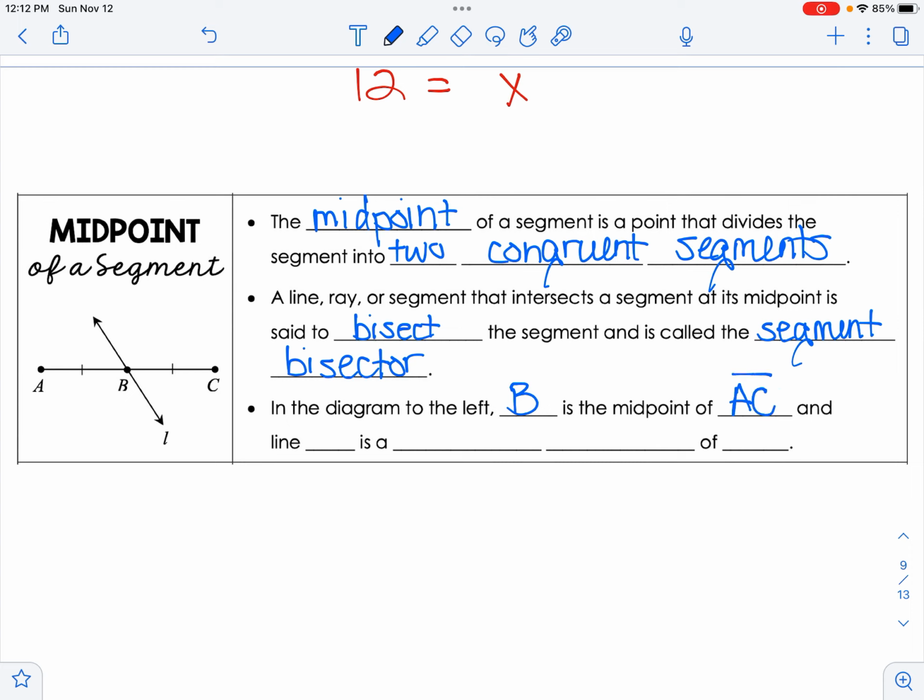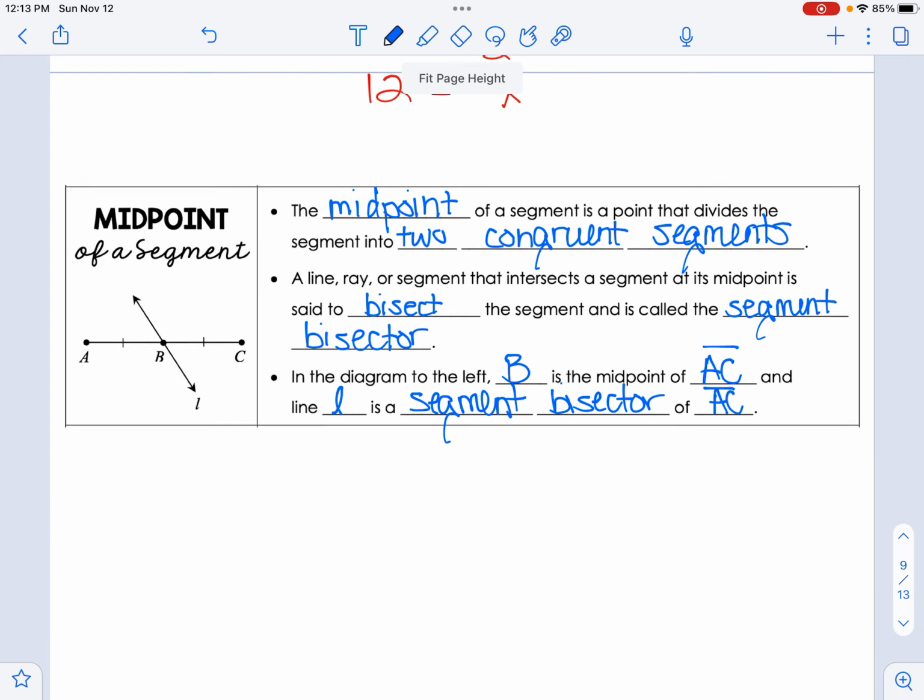Okay, and line L is the segment bisector. So line L, I'm going to do a script L there, is a segment bisector of AC. Okay, so midpoint and segment bisectors.